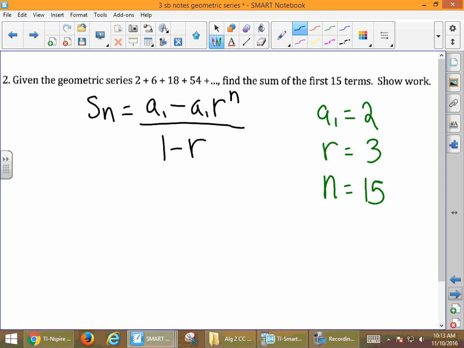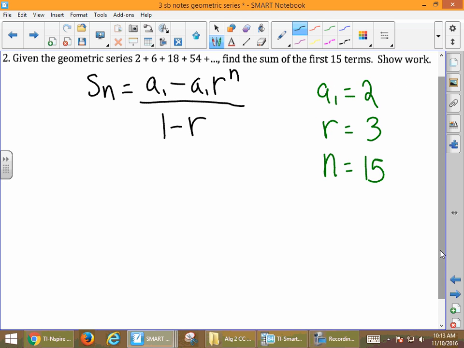And we can fill that in, and we get 2 minus 2 times 3 to the 15, divided by 1 minus r, which is 3.